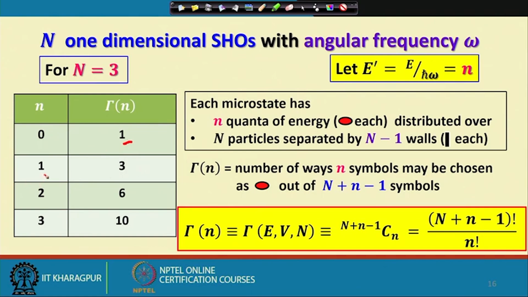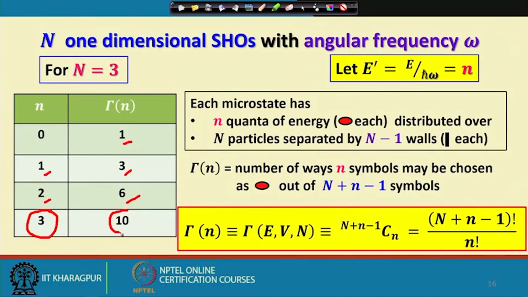When n is equal to 1, gamma is equal to 3, and when n is equal to 2, gamma is equal to 6. And what is it going to be when small n is equal to 3, which means if 3 quanta of energy have to be distributed amongst all the microscopic states, how many microscopic states are possible? The answer is 10.